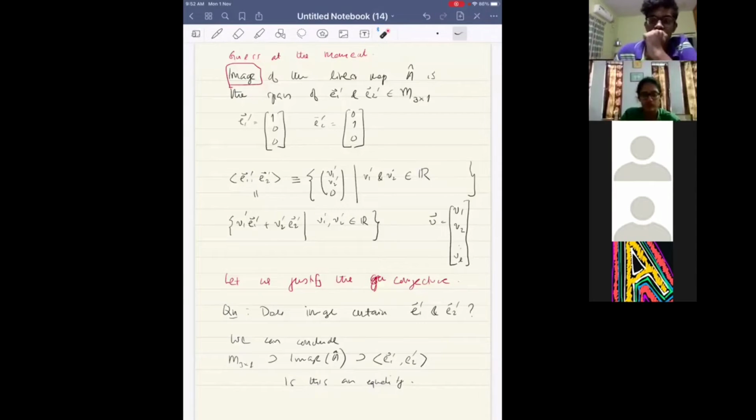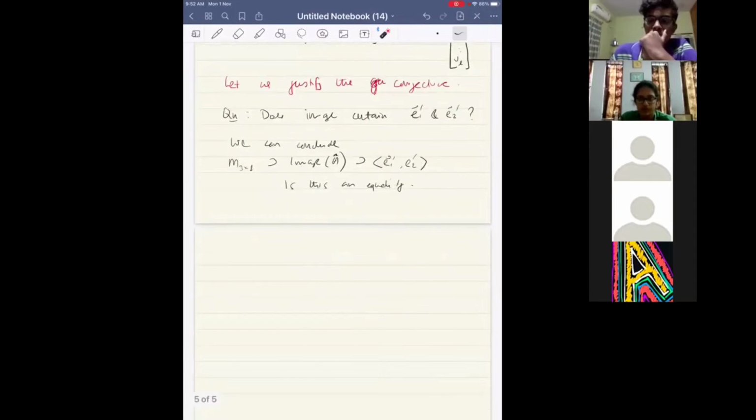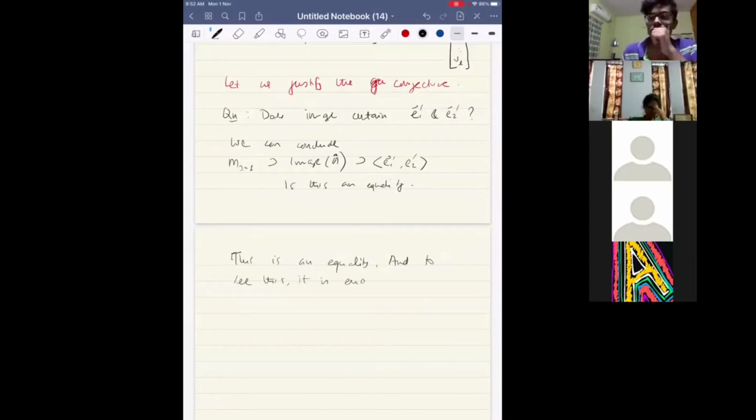So to show that this is an equality, it is enough to show that E3 prime, which I recall for you is this vector, is not in the image.